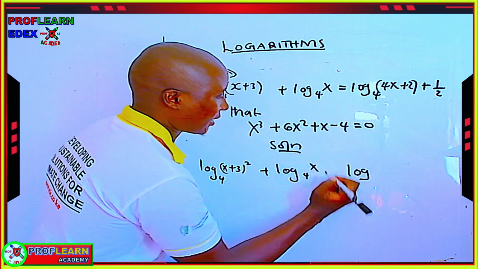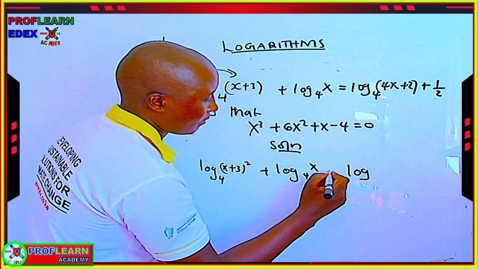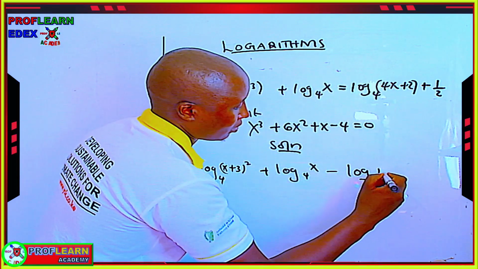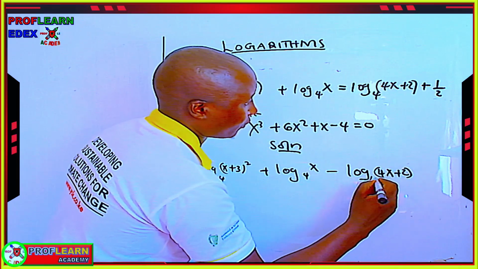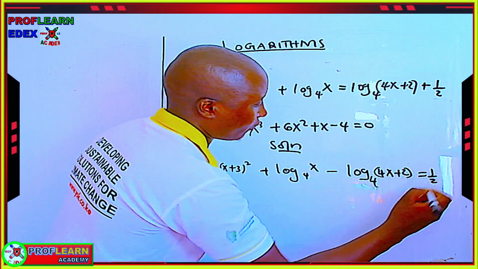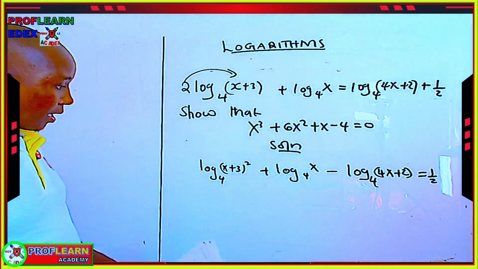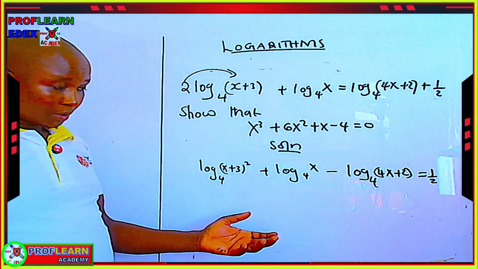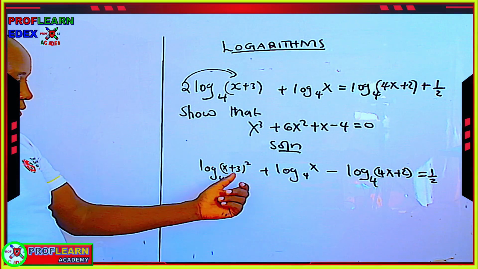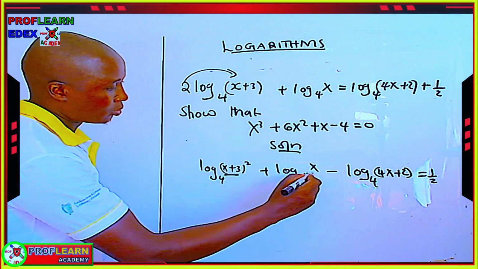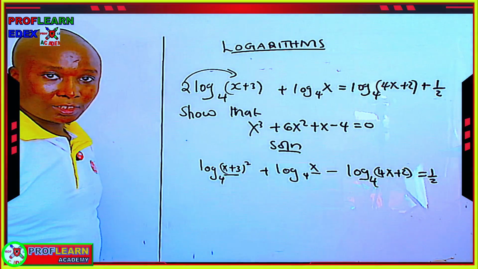Of course, I can decide, I will bring this on the other side. I'll have minus log 4x plus 2 base 4 is equal to 1 over 2. Okay, now using the laws of logarithms, since this is log plus log, we are going to multiply these two numbers and express it as a single log.